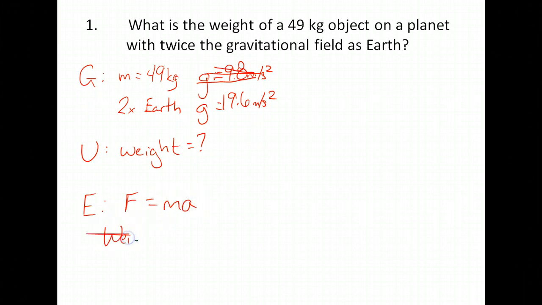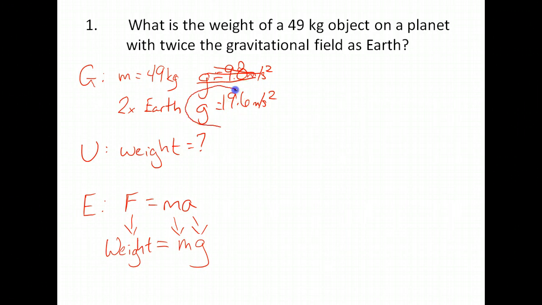We're really doing this equation here, which is weight, which is a force. Still we have mass, and now we have acceleration due to gravity. So we still have force, we're just calling it weight now. We still have mass, and we still have acceleration. Now that acceleration is going to be 2 times what we normally use, because remember, if we come back here, it told us that it's 2 times that of Earth's acceleration.